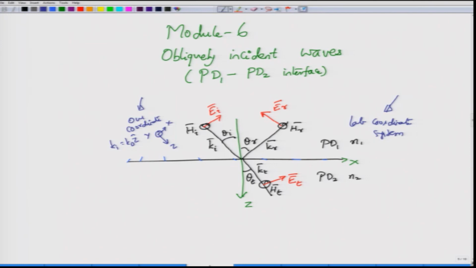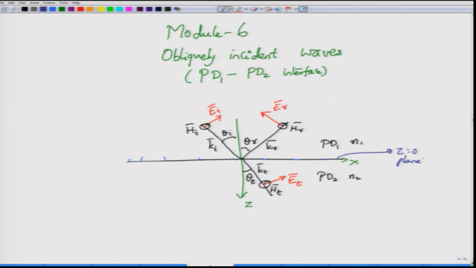Both methods, of course, give you the same results, but this method of denoting the coordinate system first and making it line up with x, y and z is convenient, and clearly the interface is actually at the z equal to 0 plane.